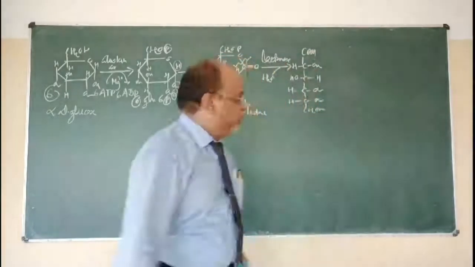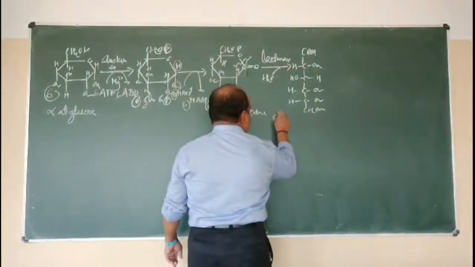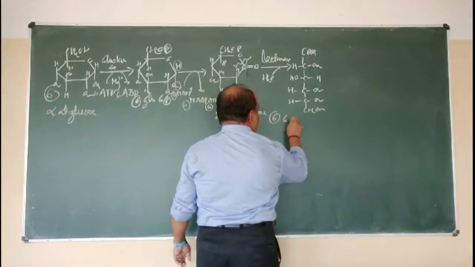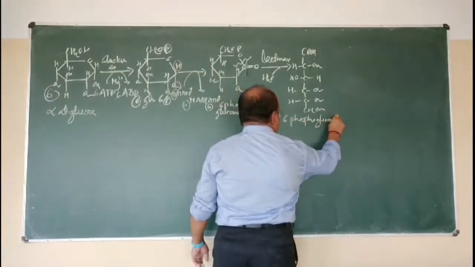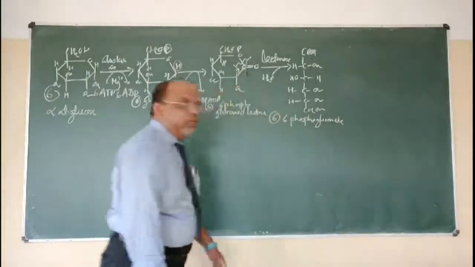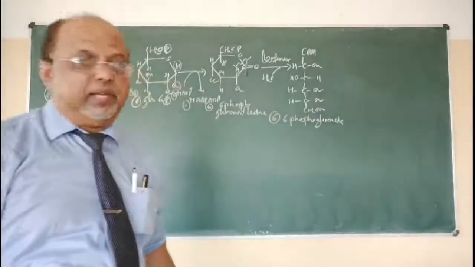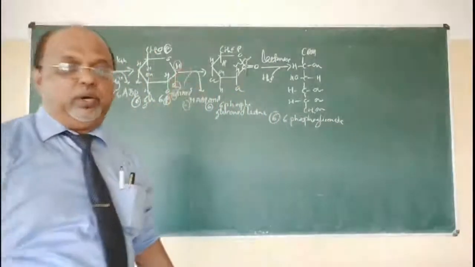Now this is known as 6-phosphogluconate, 6 molecules of it. This reaction is catalyzed by the enzyme lactonase.